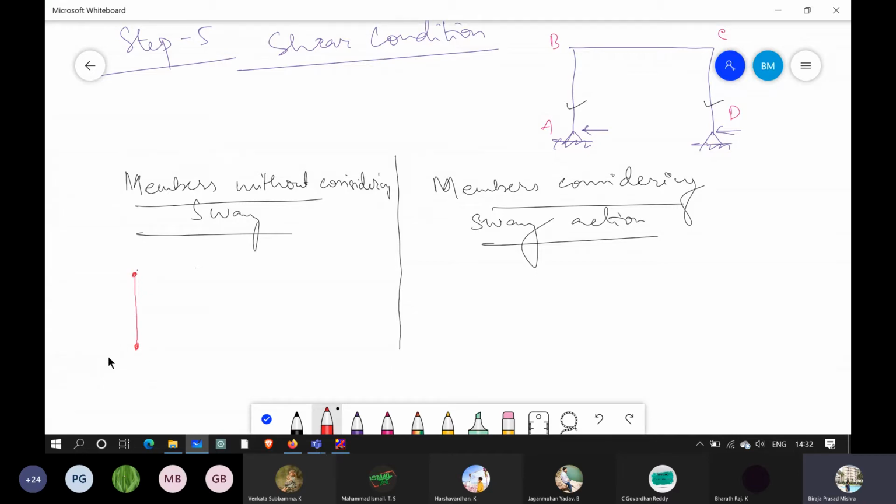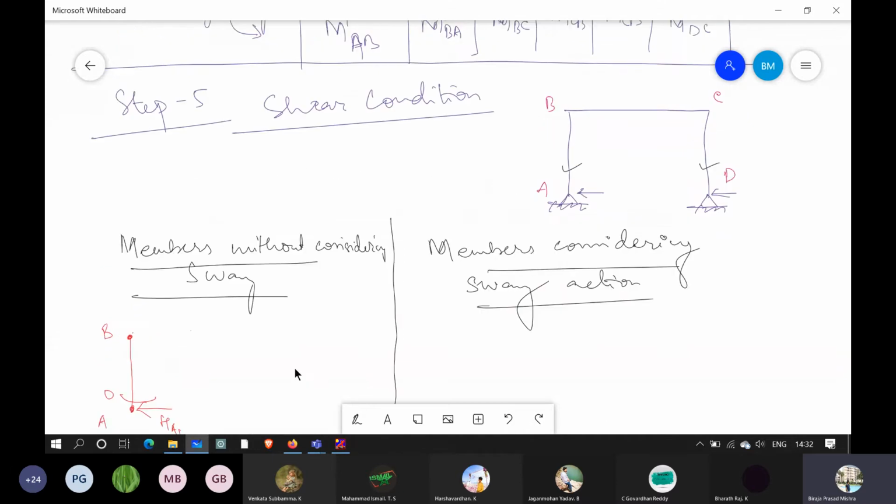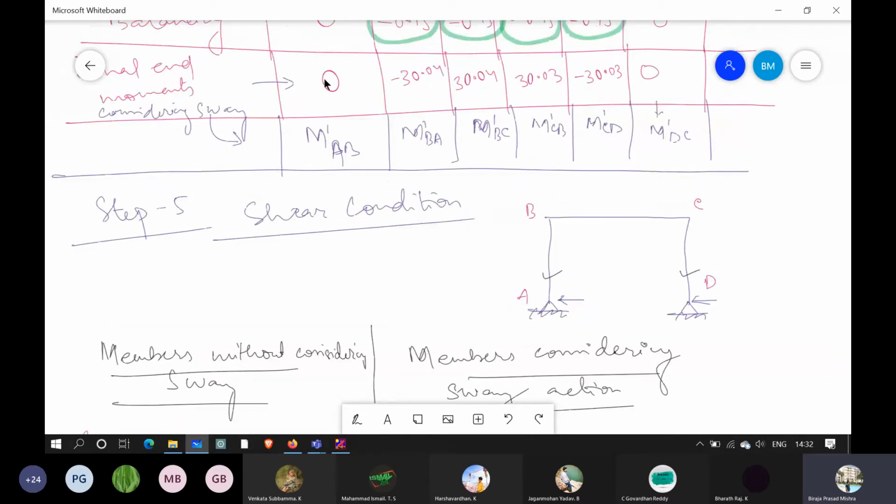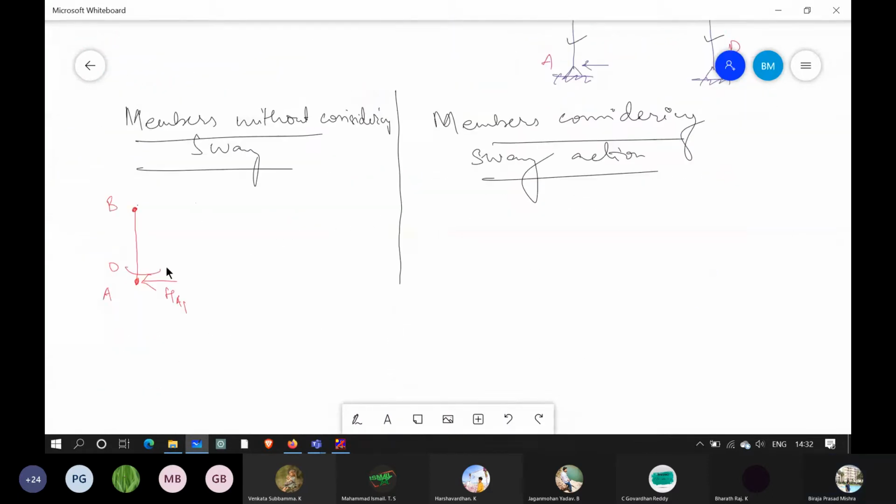Let us say this is A, this is B, and here we have HA1, and the moment here is 0, because we saw M dash AB is 0, and M dash DC is also 0, so we put those here. So this is 0 and this one is 64.97.